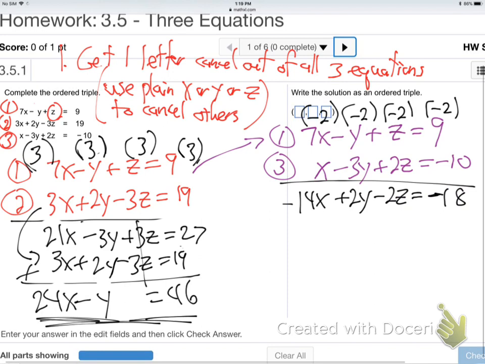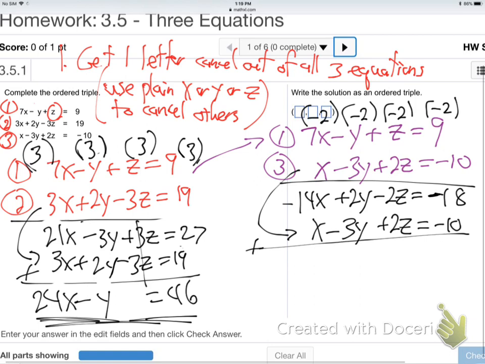Make the negatives big and bold so you don't drop them. Add them up. Minus 14x plus 1x is minus 13x. 2 minus 3 is minus 1y. The z's cancel by design. What's that, minus 28?